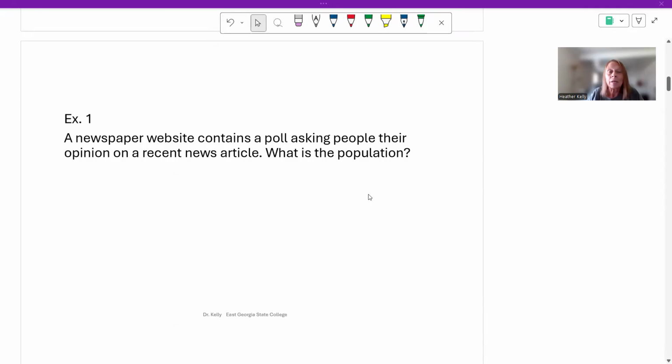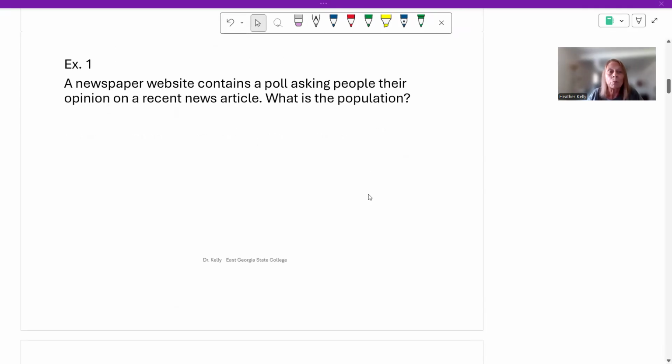Let's look at this first example here. A newspaper website contains a poll asking people their opinion on a recent news article. So what's the population? Is the population everyone in the world? Oh, no. I guess with the internet, anyone in the world could be reading a newspaper website. Is it in a specific region? Just say that this is the Atlanta Journal-Constitution.